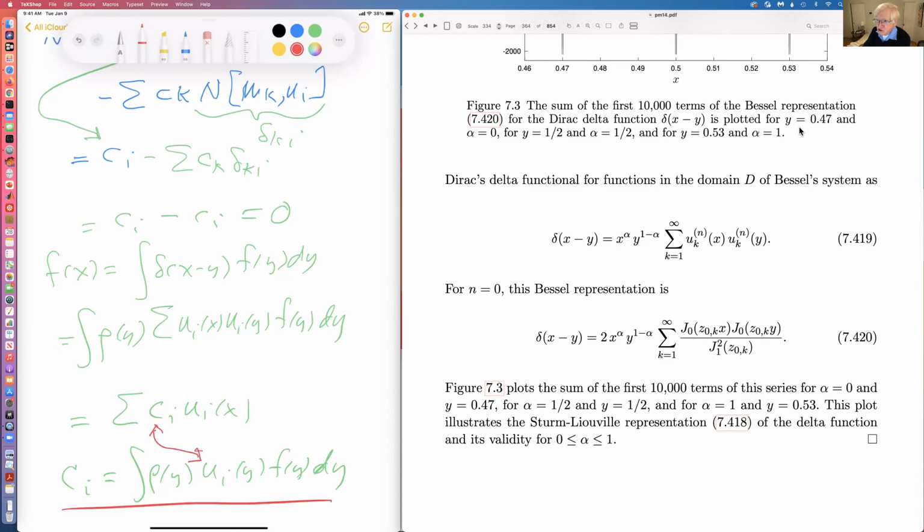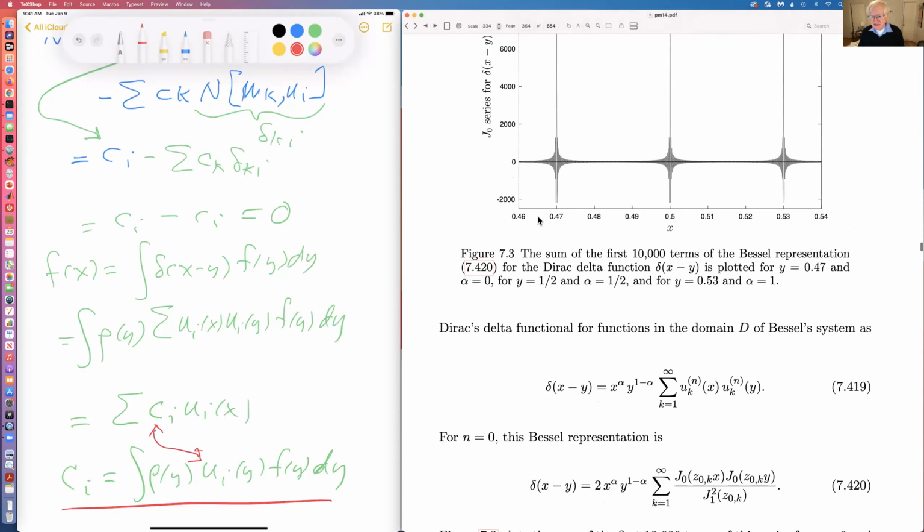And in each case, I changed y so that the delta functions didn't all pile up on the same point. So this is delta of x minus 0.47, this is delta of x minus 0.5, and this is delta of x minus 0.53.